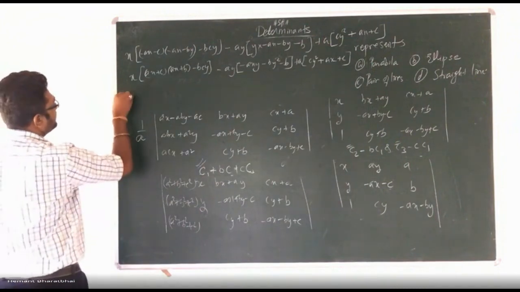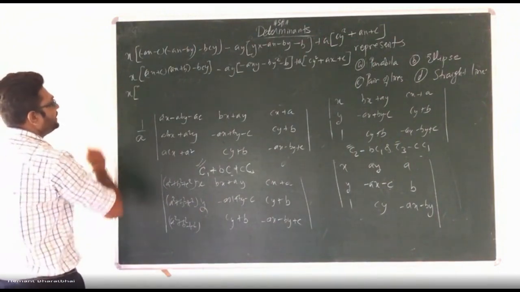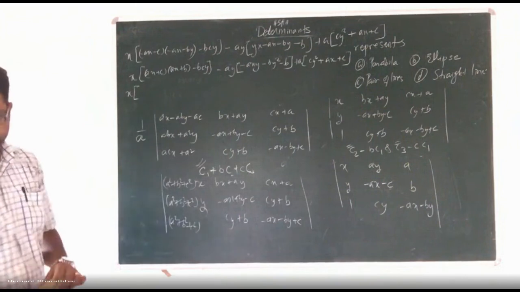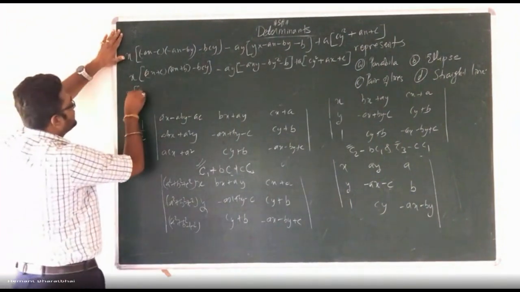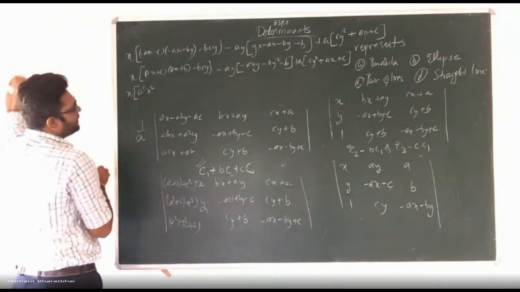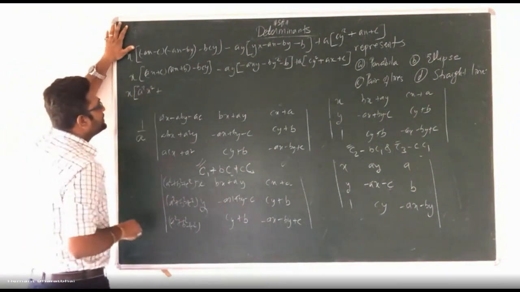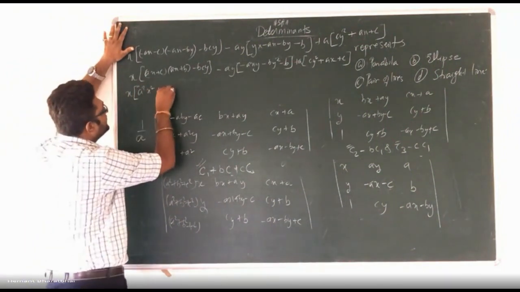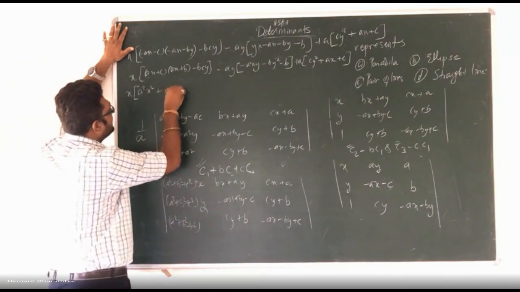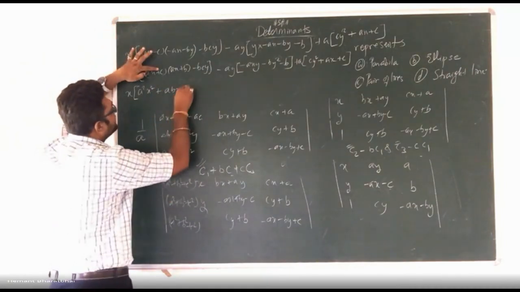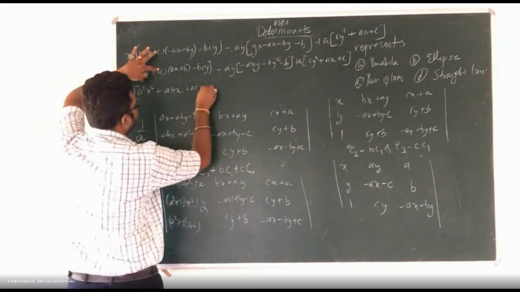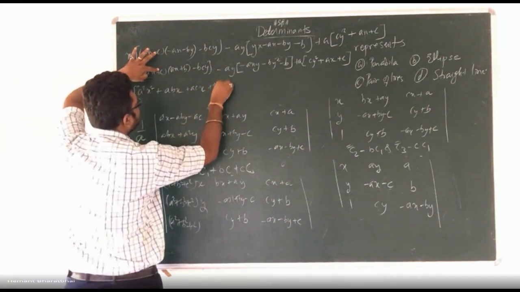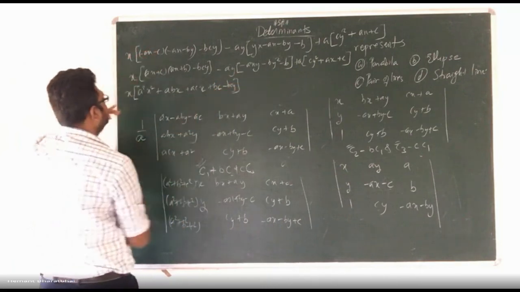So let's solve. x into ax into ax gives me a square x square, plus ax into b gives me abx, plus this gives me acx, plus bc minus bcy.